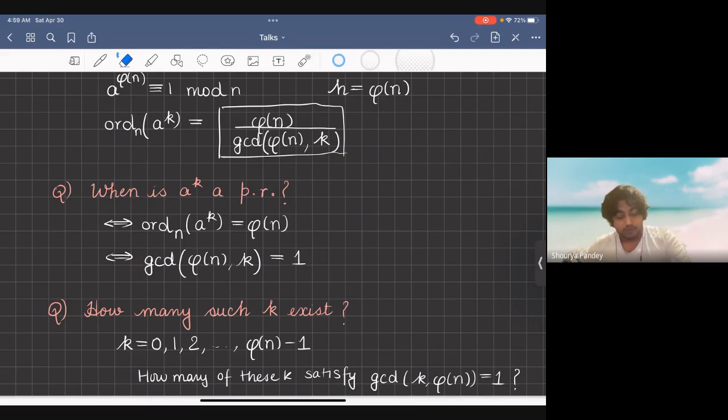Okay, so instead of phi of n, what if I wrote an m? Maybe that makes it clear. Have you seen this number before? It's called something.